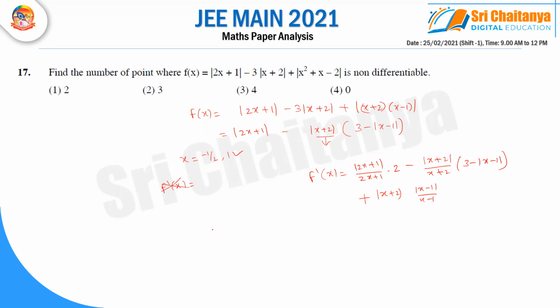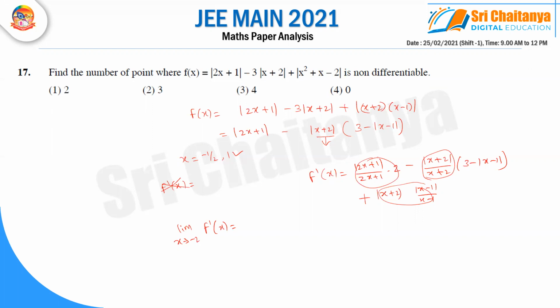Now, when you take about the point f dash of minus 2, or as limit x tends to minus 2 f dash x, this term will be a fixed value. This will also be a fixed value. Now, this will be a signum function, because of which we would get the point of non-differentiability.